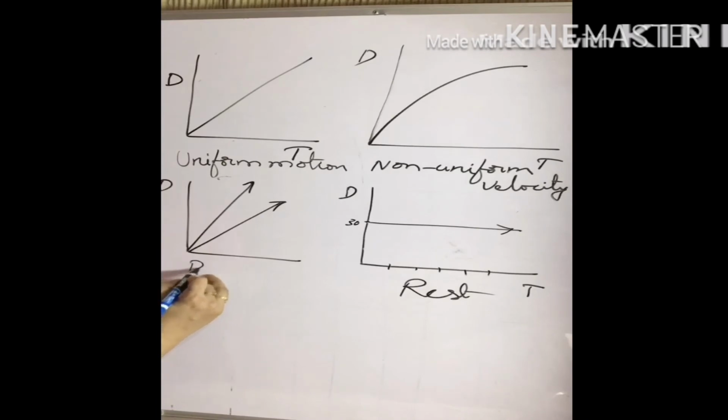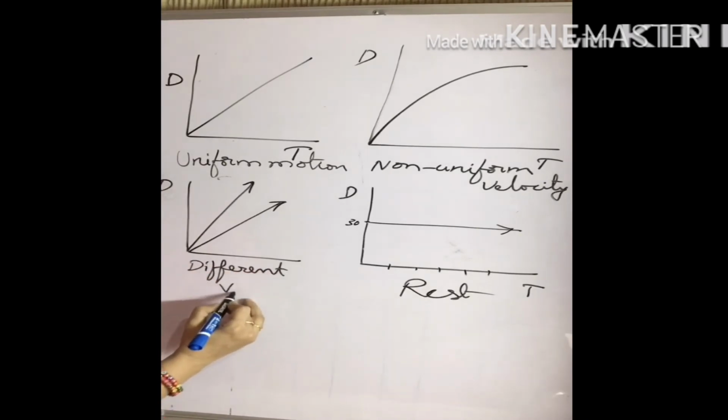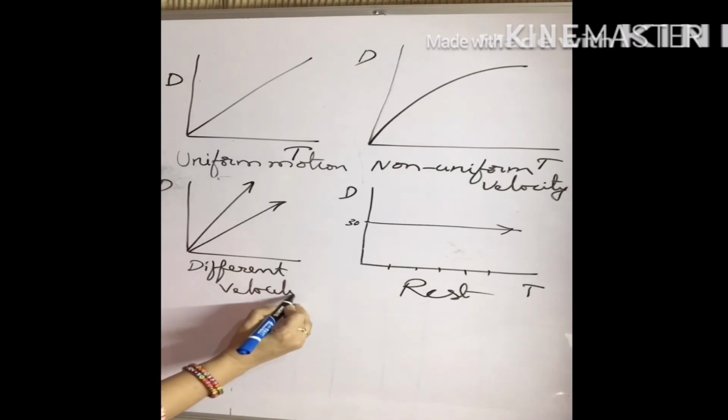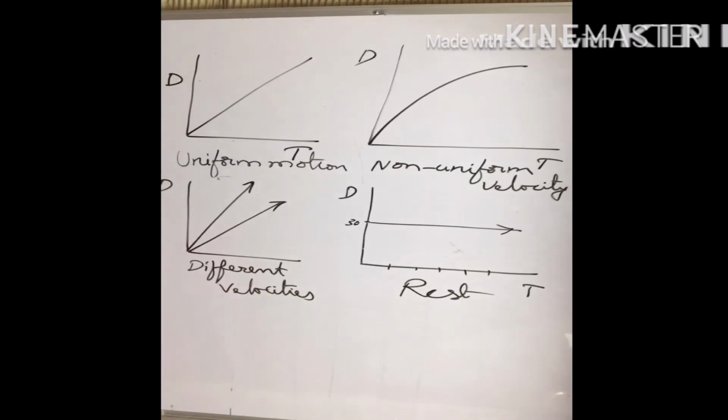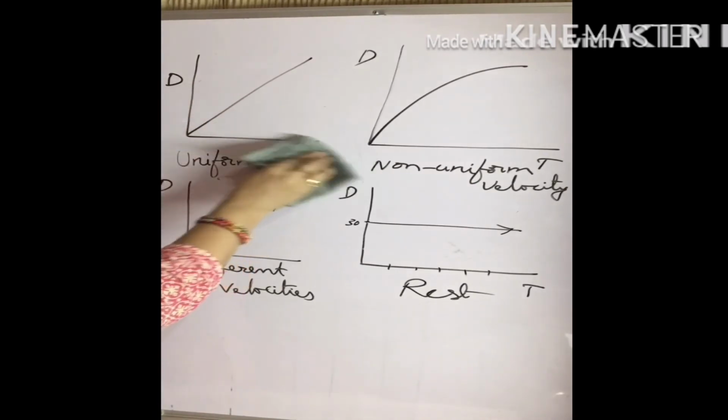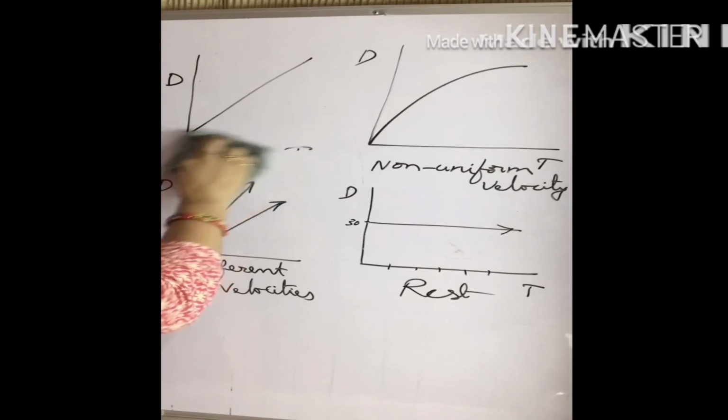And this is the graph for different velocities. So this way the distance time graph says. One more, students. Here I would like to write it so you can see better.